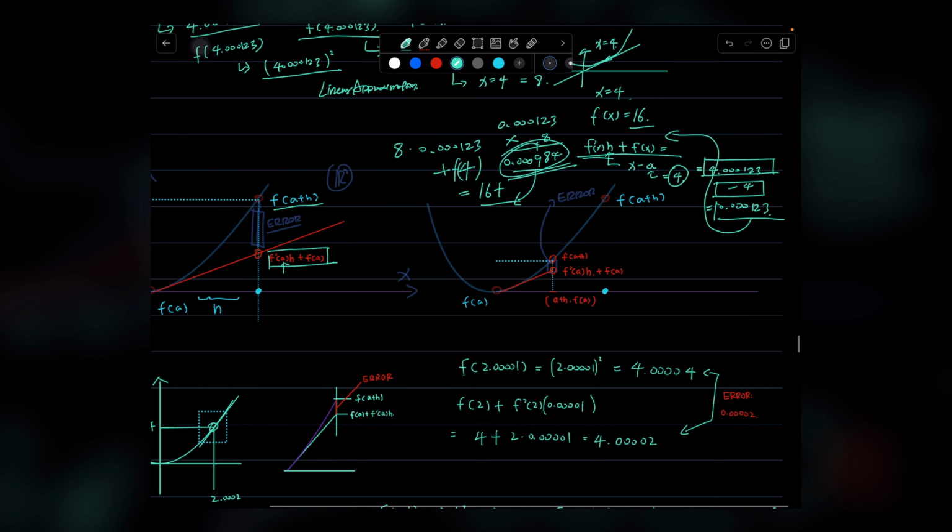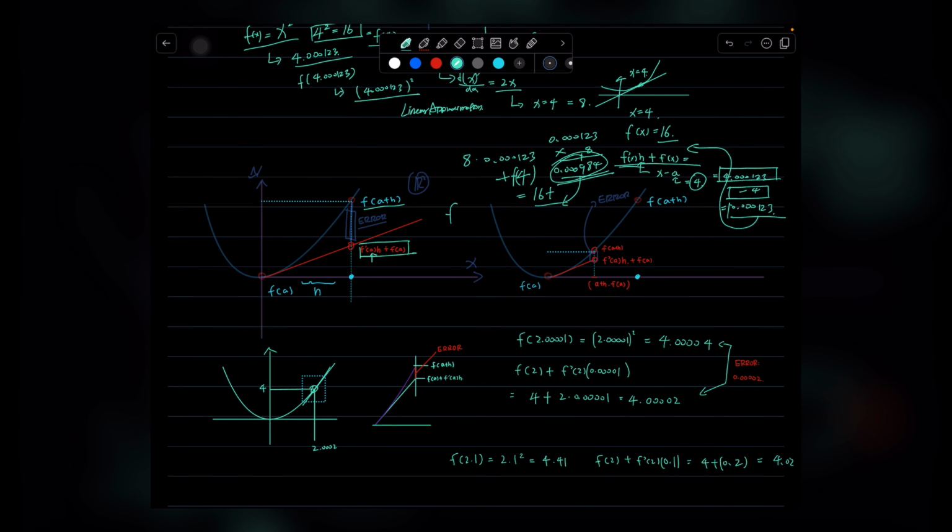So we could approximate that f at 4.000123, the value will be very close to 16.000984. When we use a calculator, the difference between this value and this value is only this 0.2, which is so small.